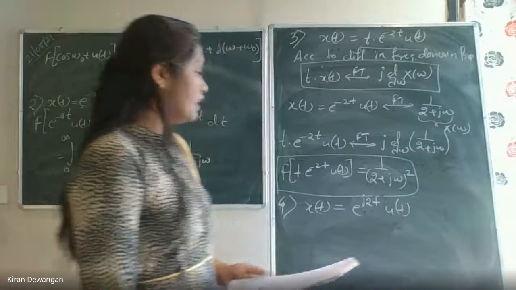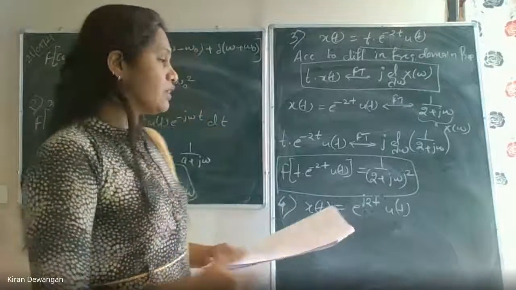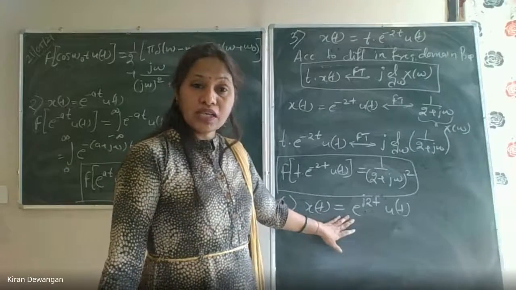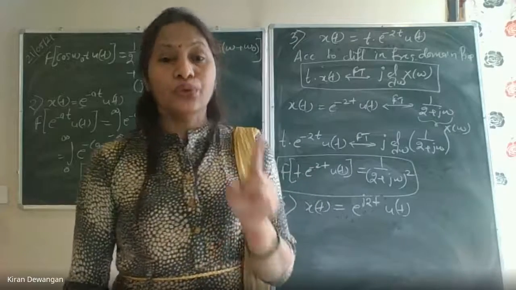अब हम इसमें क्या करेंगे? We will apply the frequency shifting property. Now what is the frequency shifting property? जिसमें हम लोग क्या मल्टीप्लाई करते थे? Frequency कब शिफ्ट होता था? When we are multiplying e to the power j omega naught t to x(t).